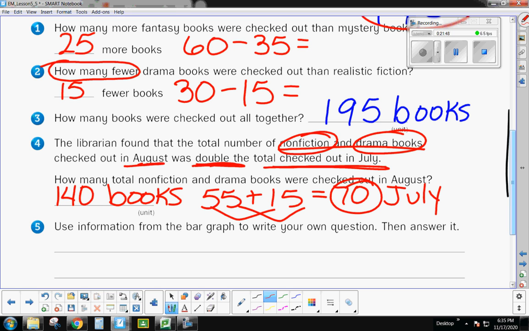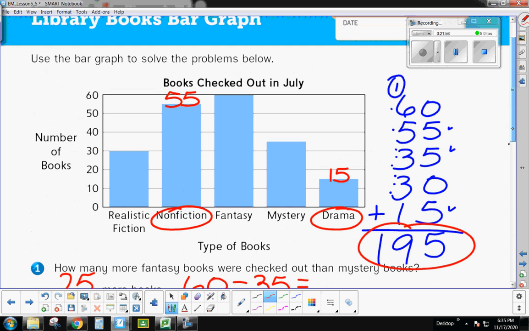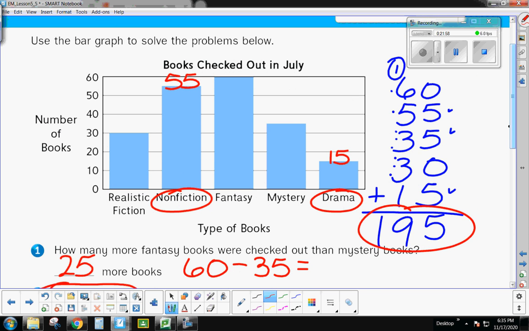All right, and finally, number 5, it says use information from the bar graph to write your own question, then answer it. So boys and girls, you could have many different questions here, but bar graphs are always going to tell us things like what kind of book was checked out the most? What was the most common kind of book checked out? Whoops, meant to erase that, not write some more.